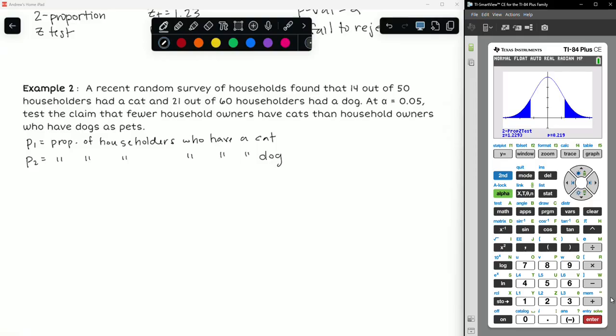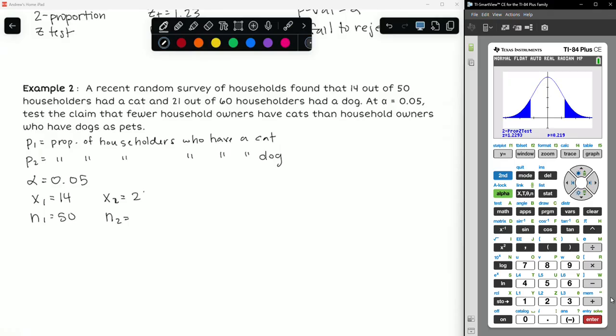I know I'm asked to perform the test at alpha equals 0.05, and I'm going to go ahead and list sample successes and sample size. And looking at my definitions at the top of the problem, I defined group 1 as cat and group 2 as dog. So for group 1, 14 out of 50 had cats.